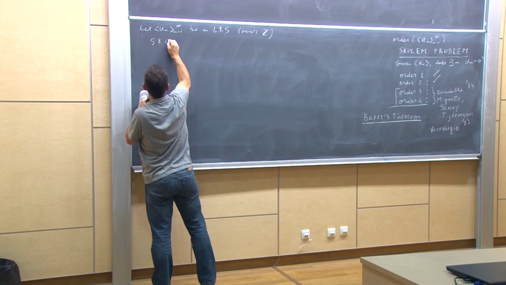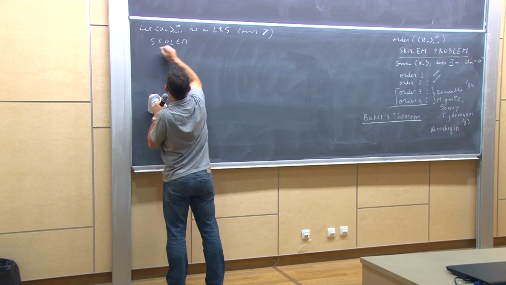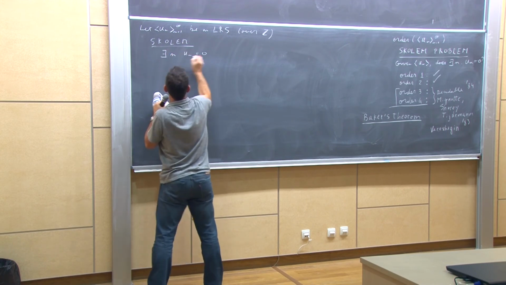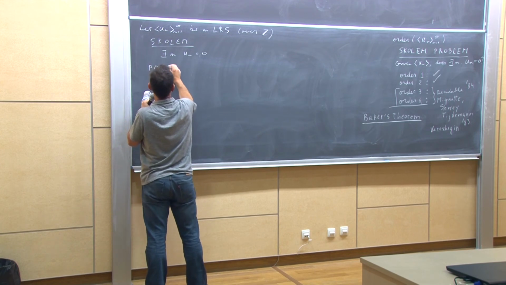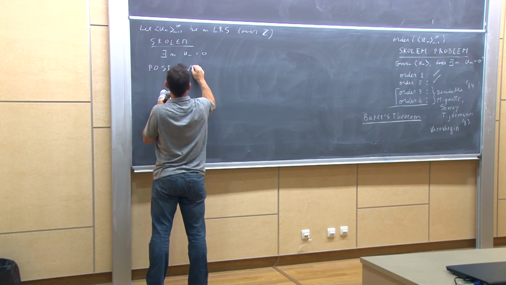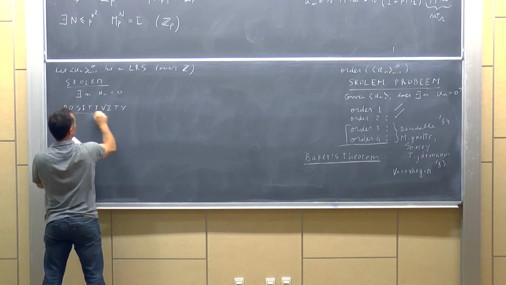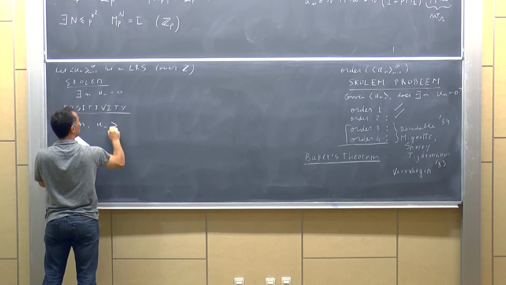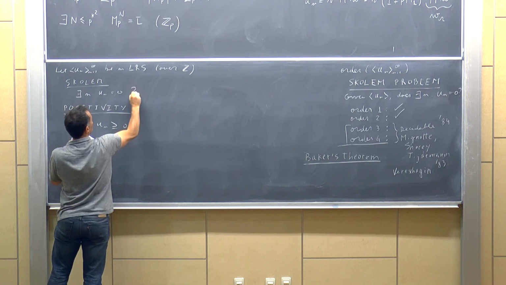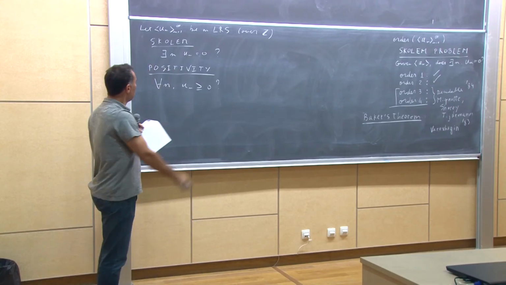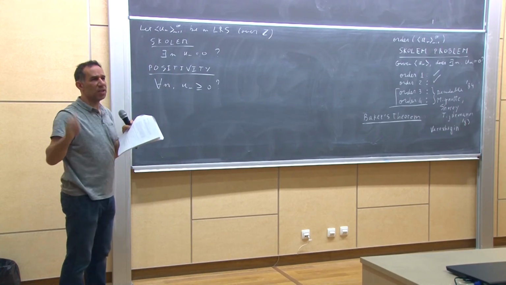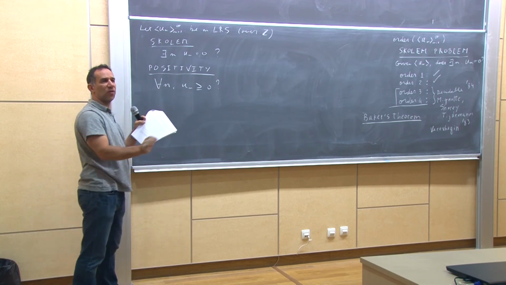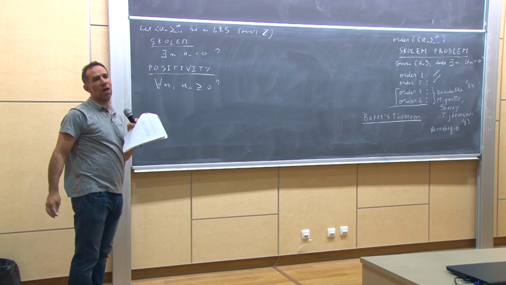So Skolem asks, does it have a 0? And positivity asks, is it the case that for all n, u_n is greater or equal to 0? Okay? And maybe I'll talk also about ultimate positivity. I'll see how much time I have and so on. So ultimate positivity would say, well, I don't care about the first few terms, but eventually is it always non-negative?